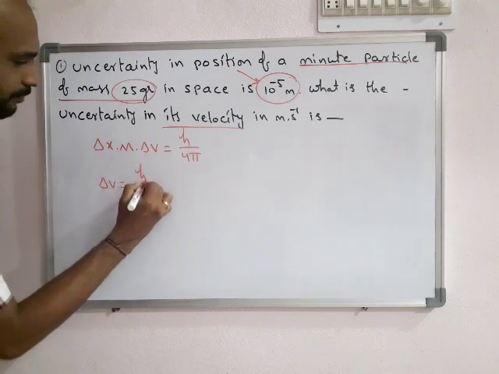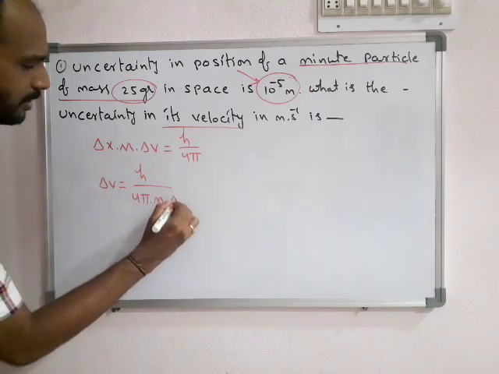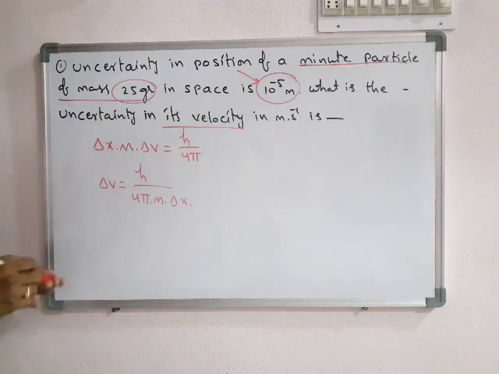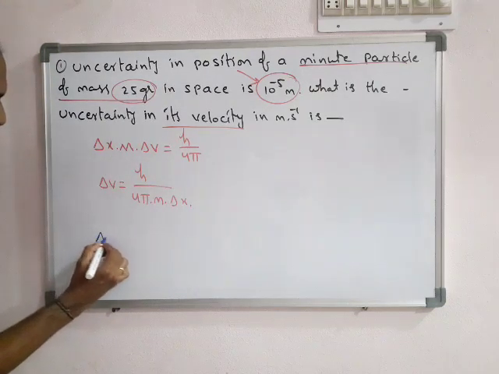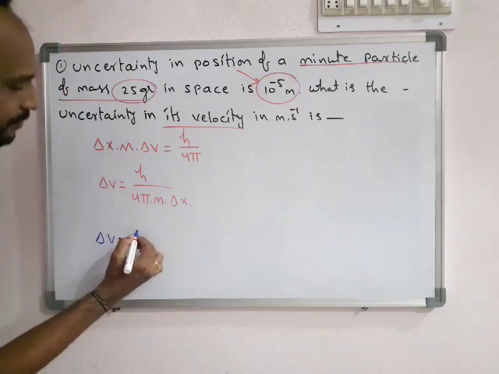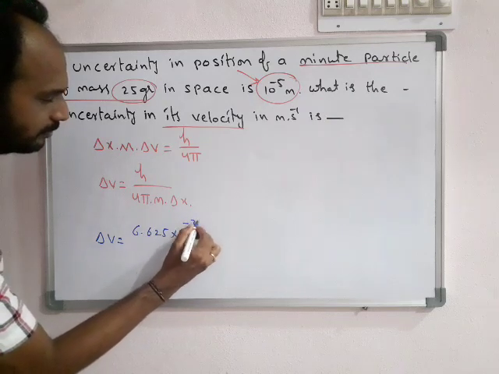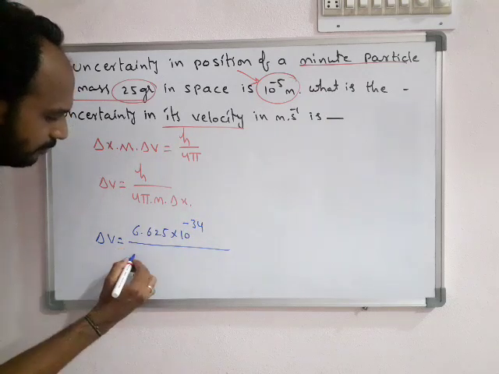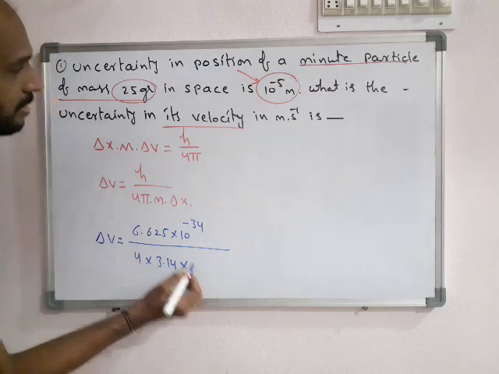Delta v becomes h by 4 pi mass into delta x. Now the delta v is equal, what is h? It's Planck's constant. Here we are taking the SI method, joule into second, pi value 3.14.